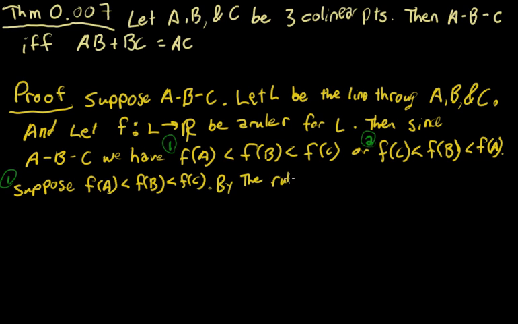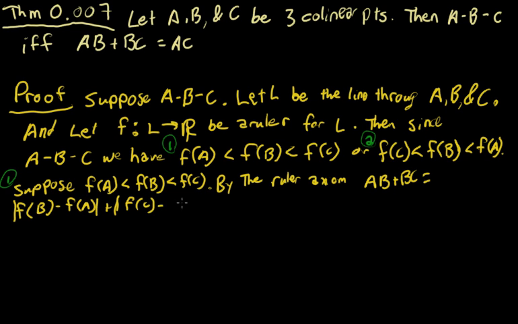Alright, and then by the ruler axiom, AB plus BC equals the absolute value of f of b minus f of a plus the absolute value of f of c minus f of b.